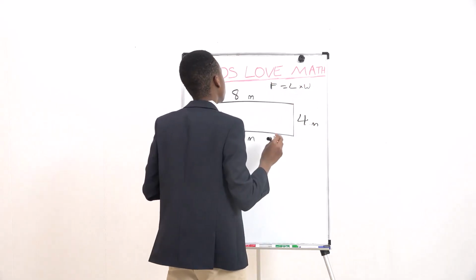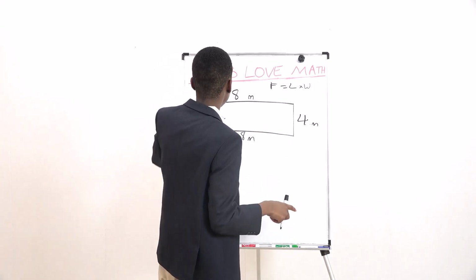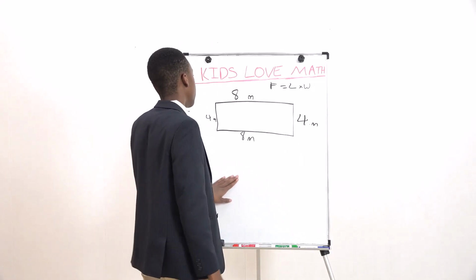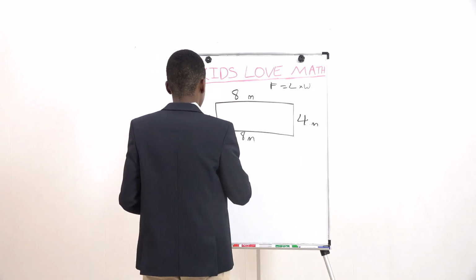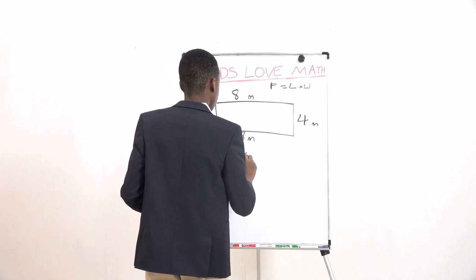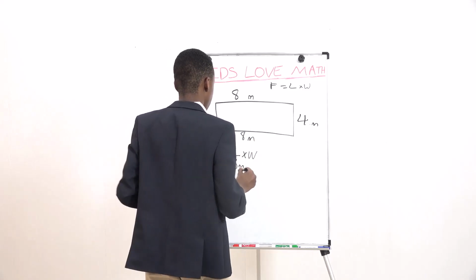We don't do length times length or width times width. You can choose this way or that way, whichever one you want, but I like to start with the top. So I do length times width equals 8 meters.